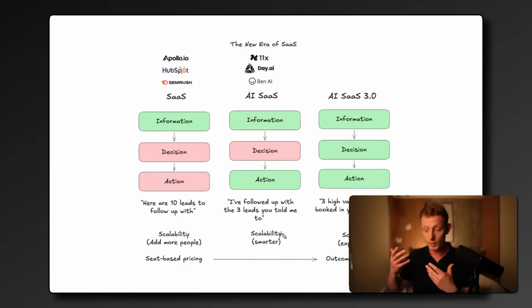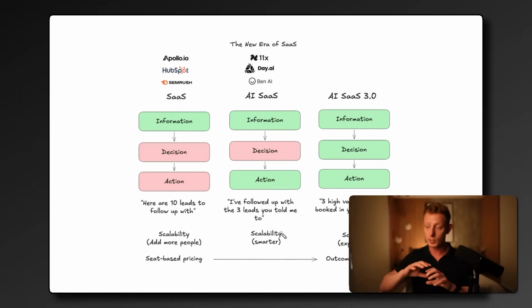Now, what we're seeing new software coming up with more and more is, first of all, improving that information layer with AI. Platforms like 11x, which was an AI BDR system. There are many other examples of this. With Day AI, which is an AI-native CRM, it will first of all improve the information layer because now we can use AI to, instead of just saying here are 10 leads to follow up with, actually do the research in the backend, identify the highest potential leads, and tell us and prioritize the best leads.